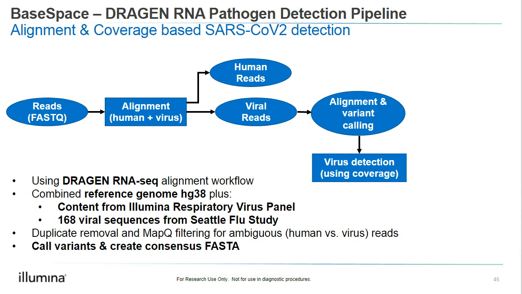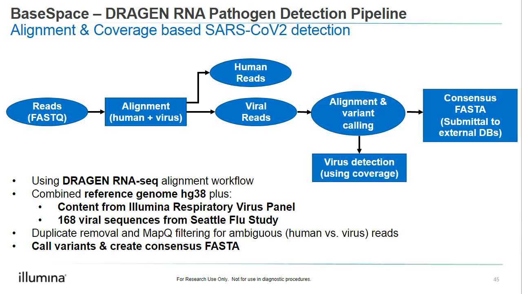And these coverage plots are then created to detect SARS-CoV-2 and other viral strains. Additional features include variant calling and then consensus FASTA file generation. So with that consensus FASTA file, you can perform downstream analysis, or you can submit it to the external database.